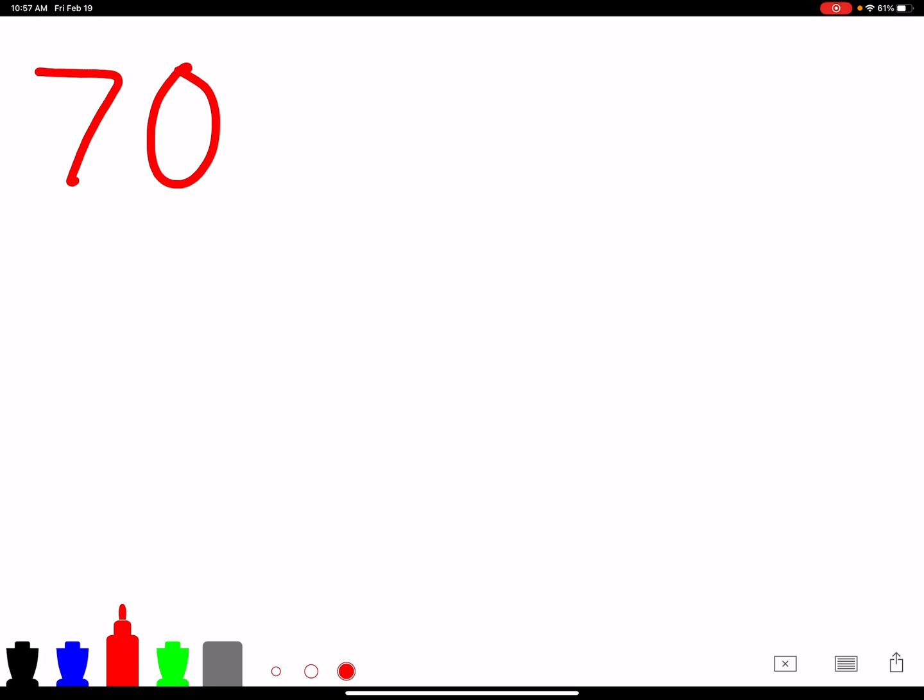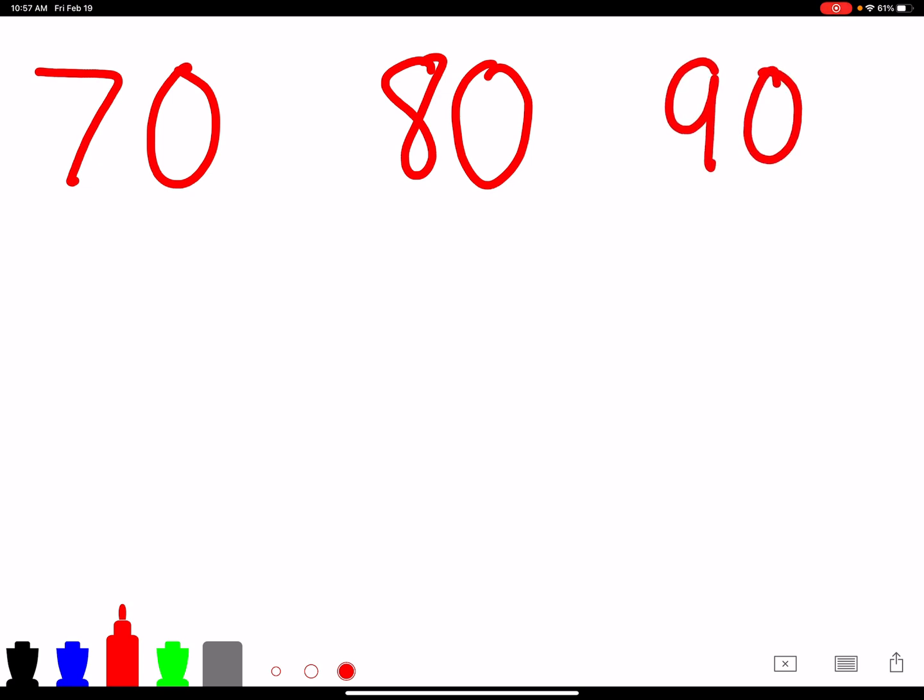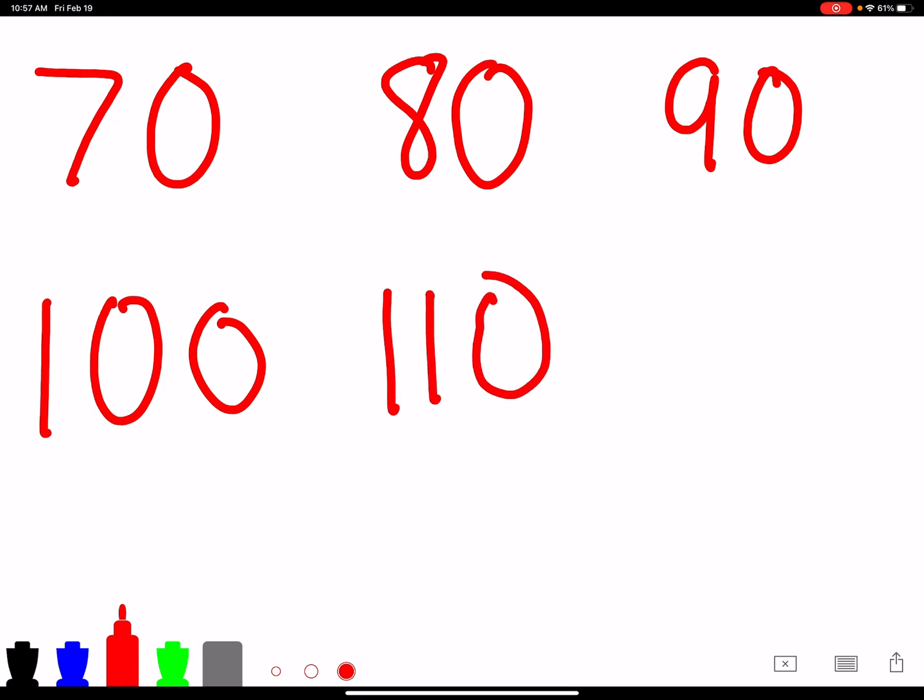And we know 8, if we add a 0 in the ones place, we would have 80, and then 90, and then 100, then 110, and then what's the last one? 120. That's where we're going to stop. So we just did 70, 80, 90, 100, 110, and 120.